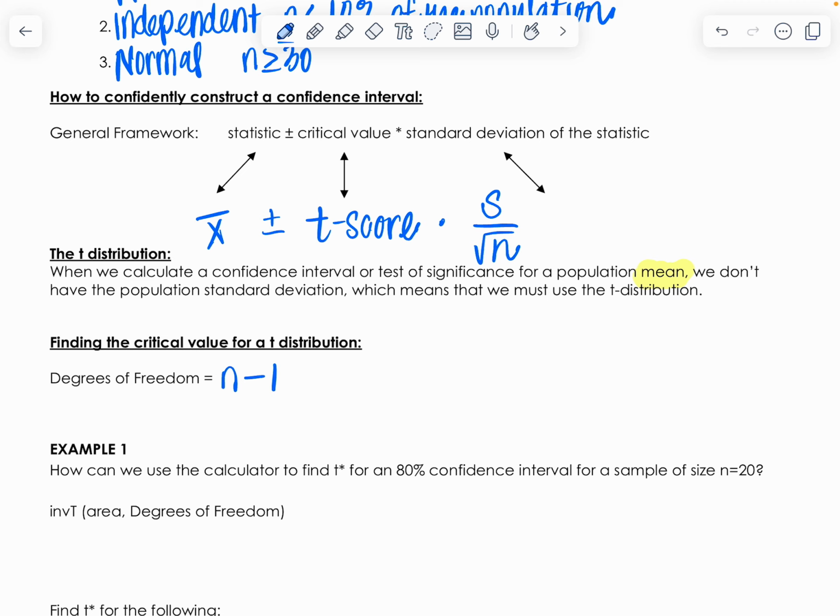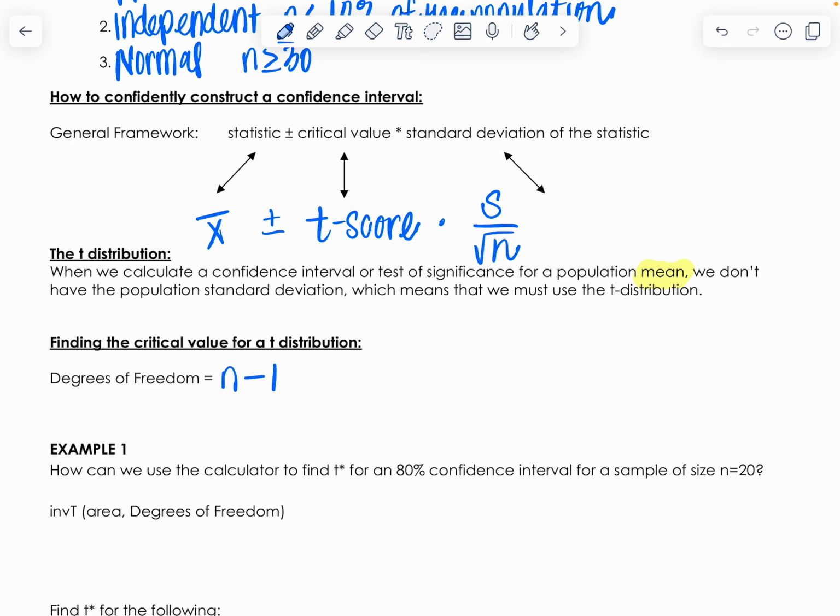All right, so now let's talk about where we find this. The t-distribution is located with your normal distributions, where normal CDF is. That's where you're going to find this. And so if you hit second vars on your calculator, you're going to look for inverse t. On my calculator, it's 4 in that menu, so hopefully it is for yours as well.